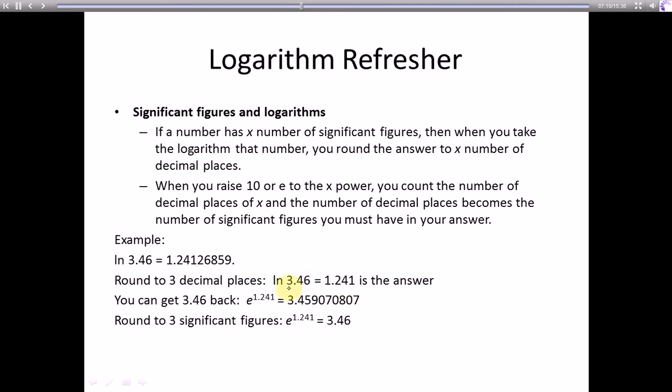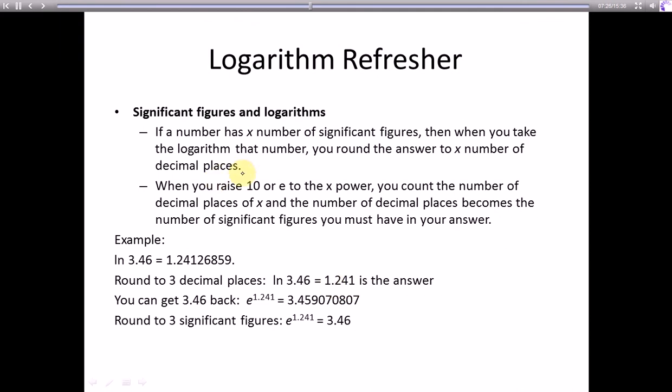So our answer for the natural log of 3.46 is equal to 1.241, rounded to 3 decimal places.